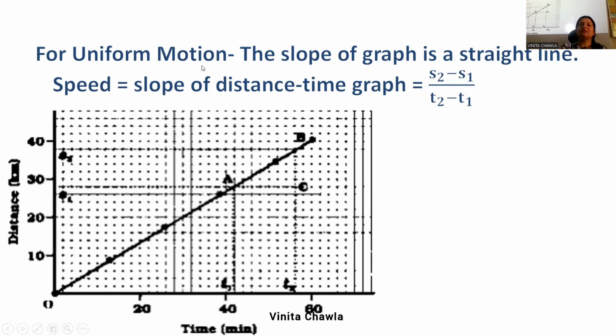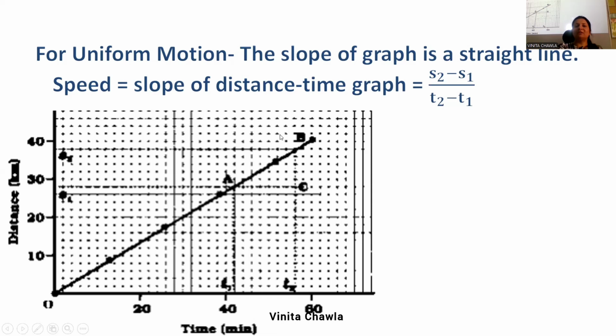Okay. So if equal distance is covered in equal time, it means speed is constant in uniform motion. Object is moving with constant speed. And this is the graph that we get. So on the y-axis, again, the same way we'll write the distance, and here on the x-axis we'll write the time. You can see distance is in kilometers in this case, and time is in minutes.